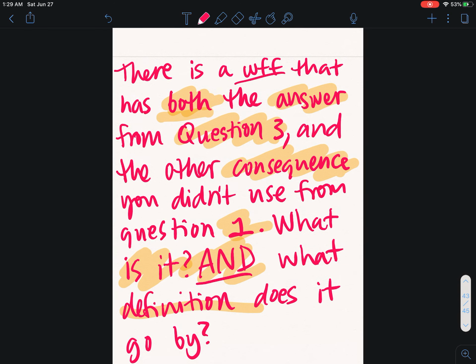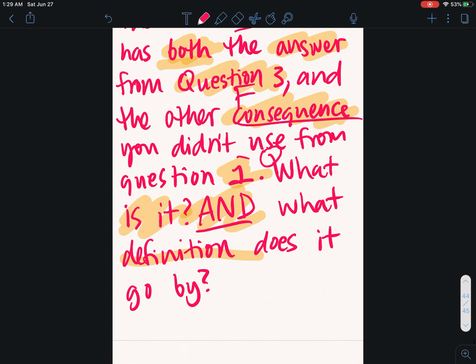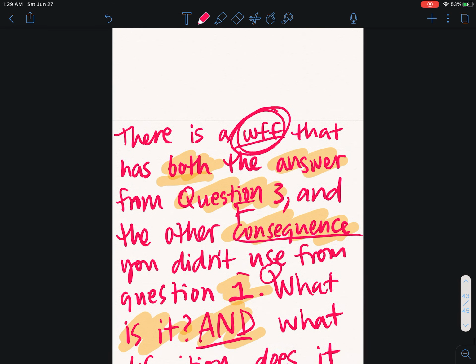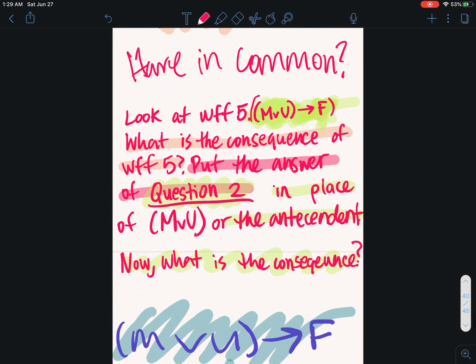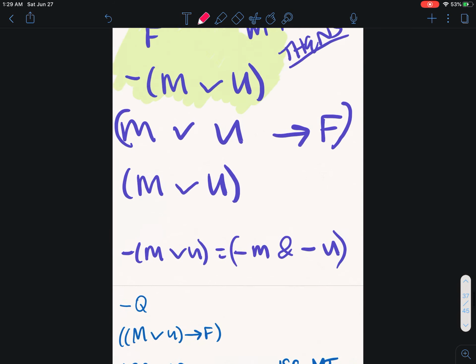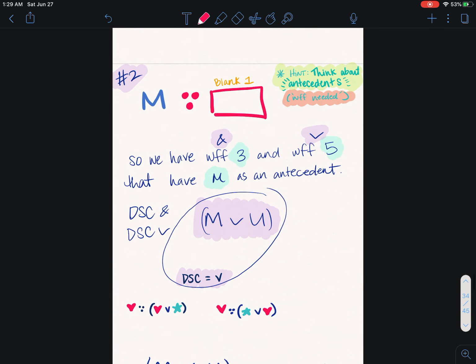So there's a wolf that has not Q, and the other consequence you didn't use from question 1. What is it? So there's a wolf with this. What is it? And what definition does it go by? So now we need to find a wolf with not Q and F.